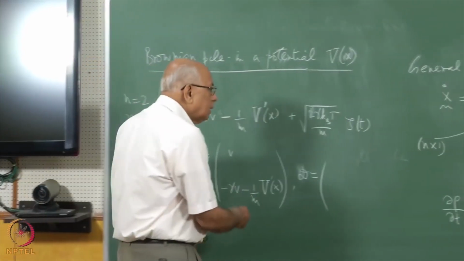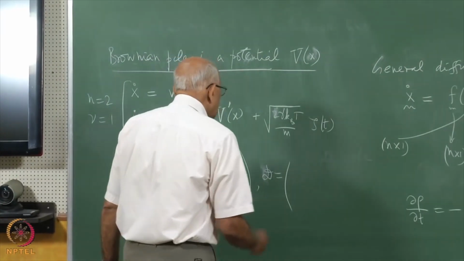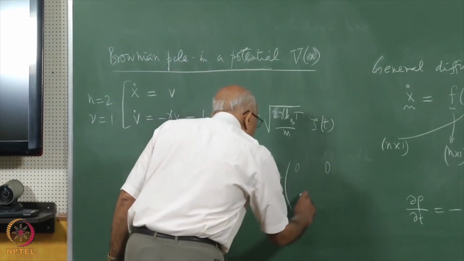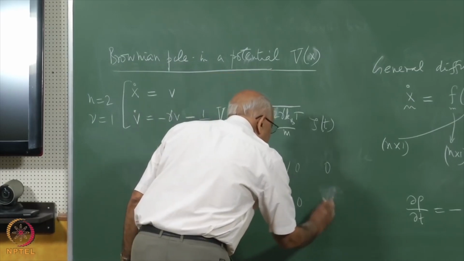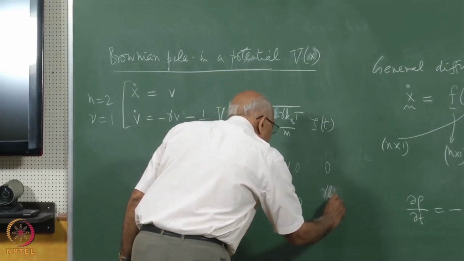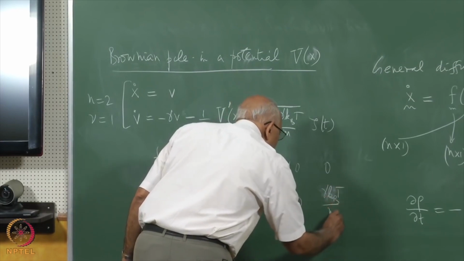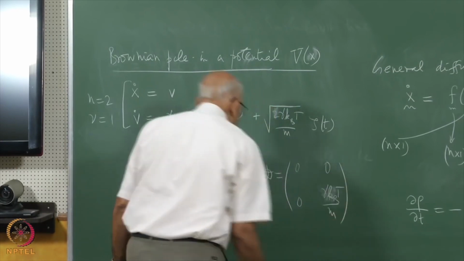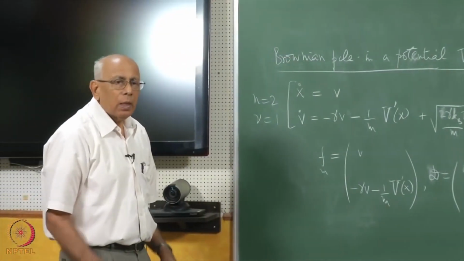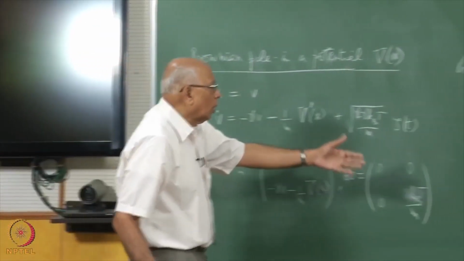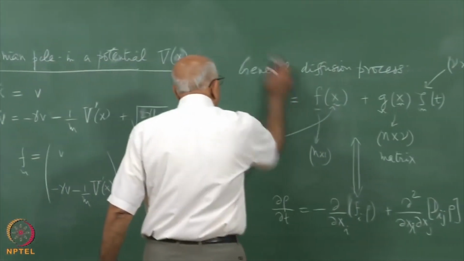Now what is this matrix equal to? It is obviously equal to 0, 0, 0 and half the square of this, which is gamma k Boltzmann T over m in this case. And now we are all set. All we got to do is to copy this and write the equation down for rho.